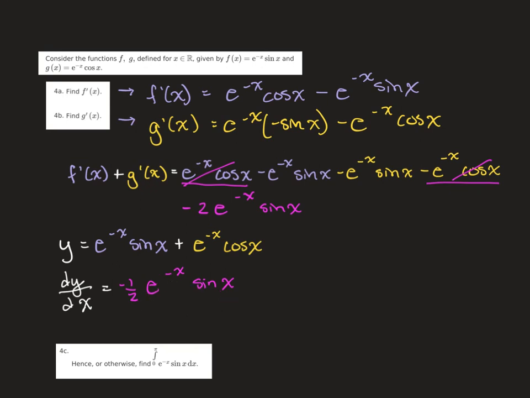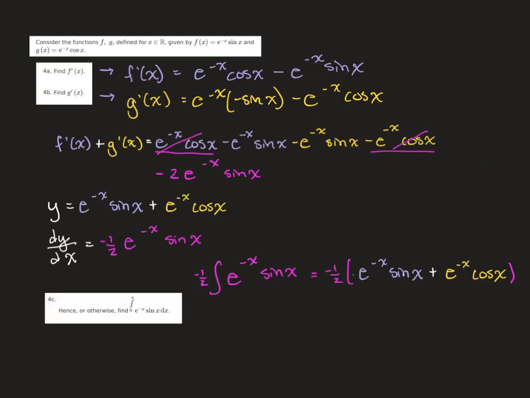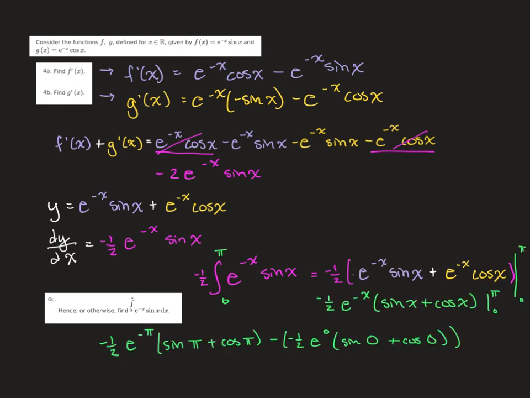So we need that negative 1/2 to deal with this negative 2. In other words, the integral of e to the negative x sine of x with a multiplier of negative 1/2 would get us the antiderivative, negative 1/2 of that, which we could then just evaluate from 0 to pi.